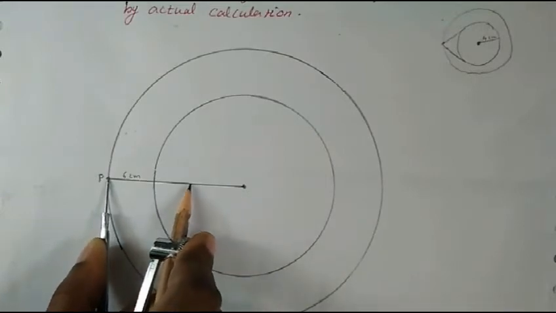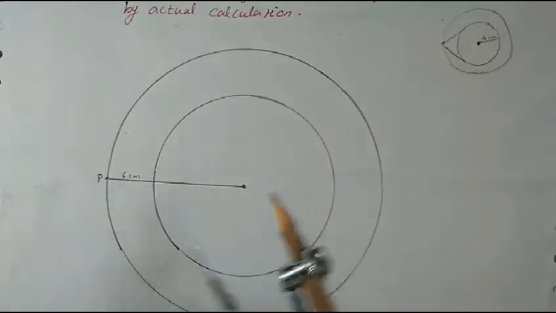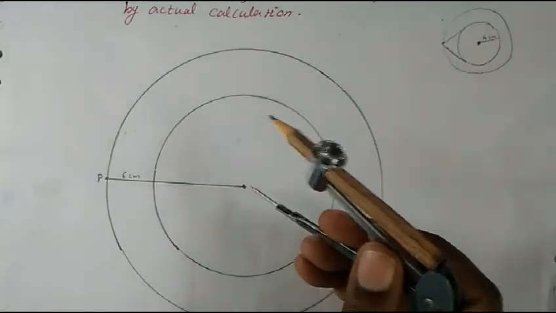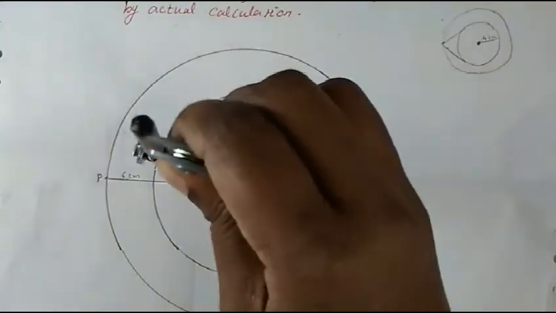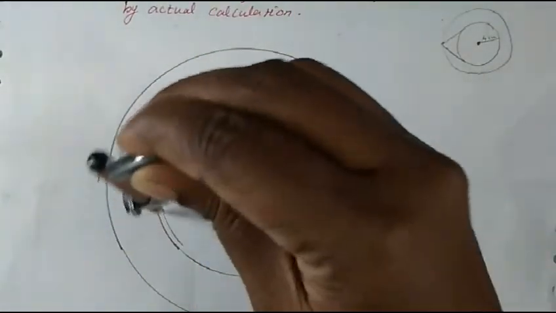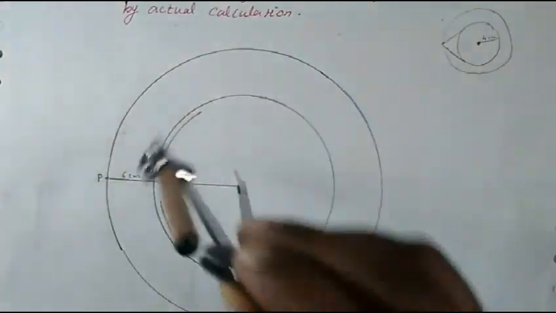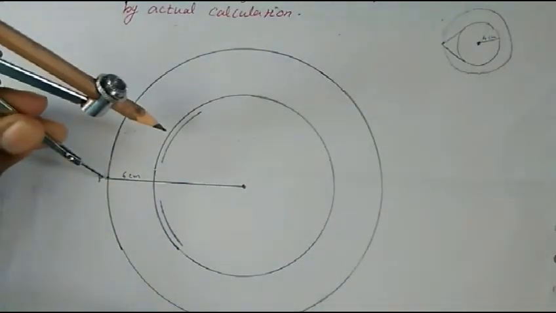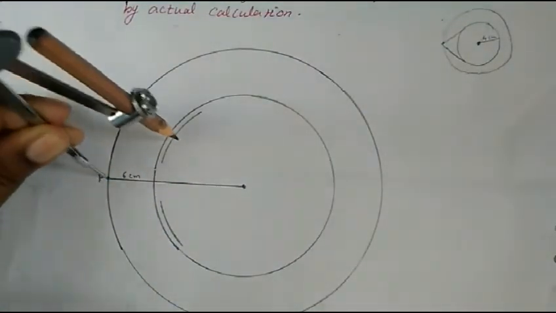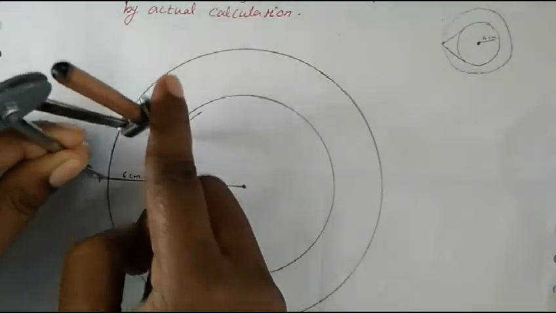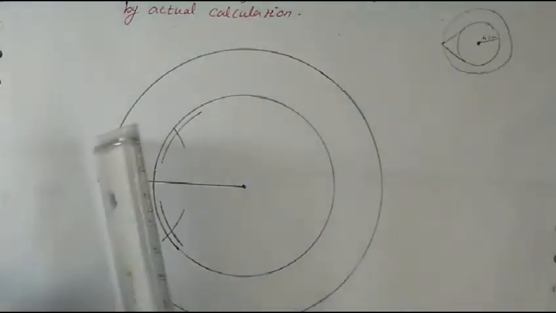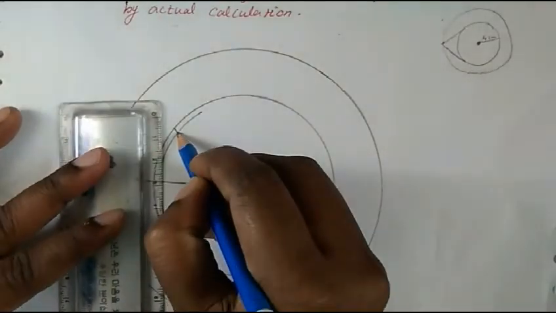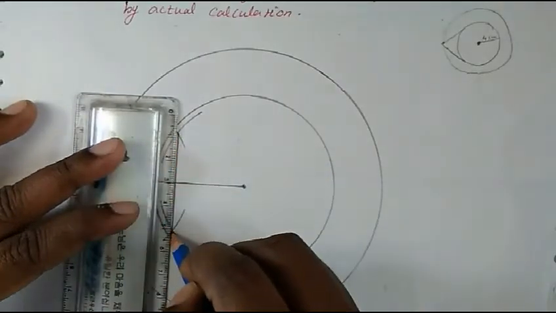This is more than half, so let's draw a perpendicular line first, then only we'll get the midpoint. For the perpendicular line you have to draw arcs on both sides. Now let's join this point and this point.